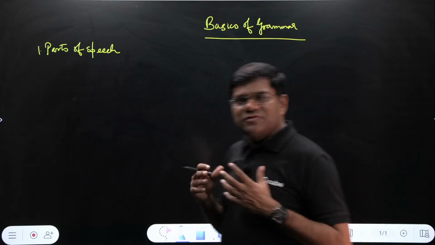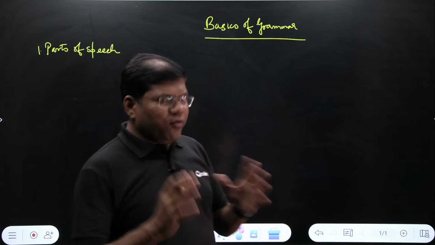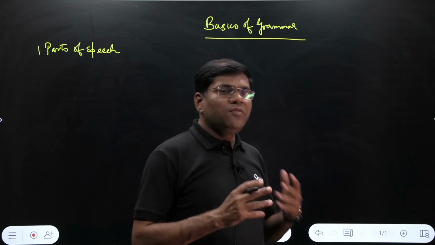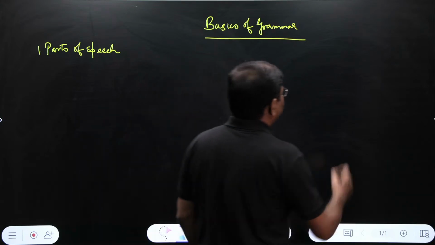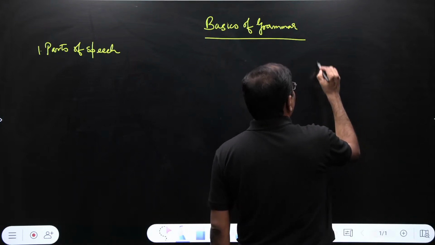So, parts of speech. How many parts of speech do we have in the English language? Before I list all the different parts of speech, let's try to understand what we mean by part of speech. So, for example, suppose I write a word here, the word book.